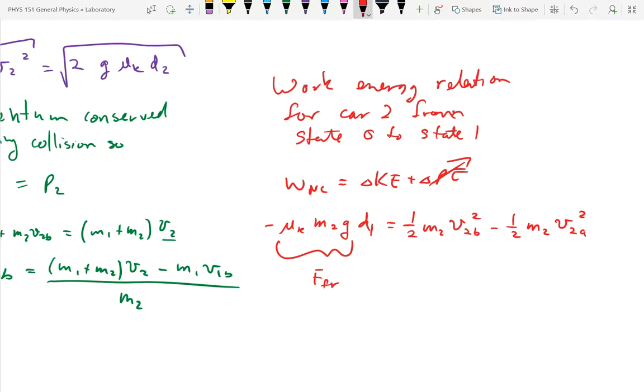And so now at this point, the only thing I don't know is the V2A. And so I need to multiply everything by 2 and divide by M2. Notice the M's cancel out again.